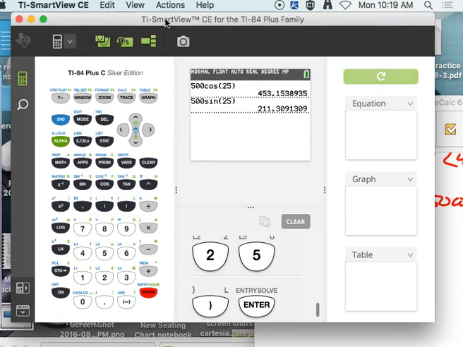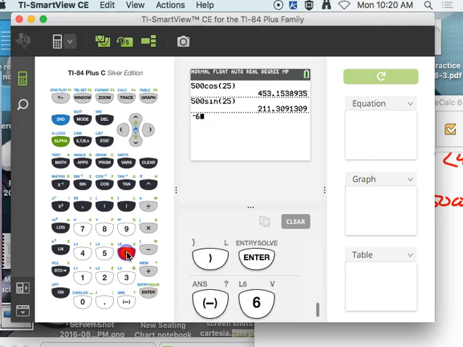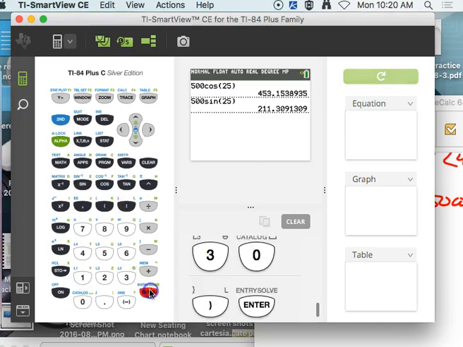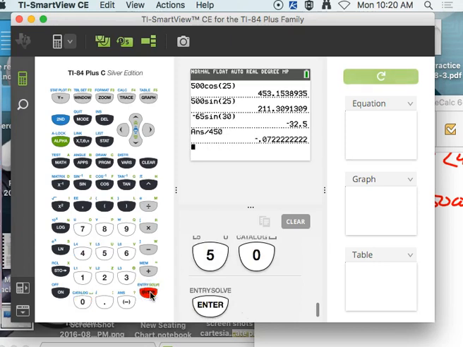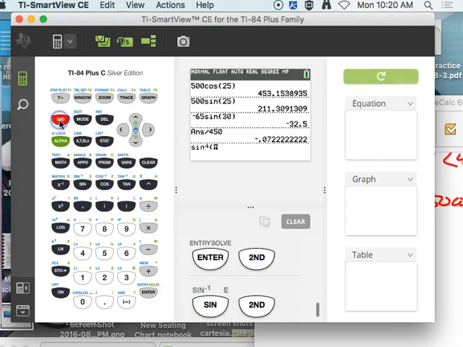So it was 65 sine of 30, divided by 450. Inverse sine. That mess.